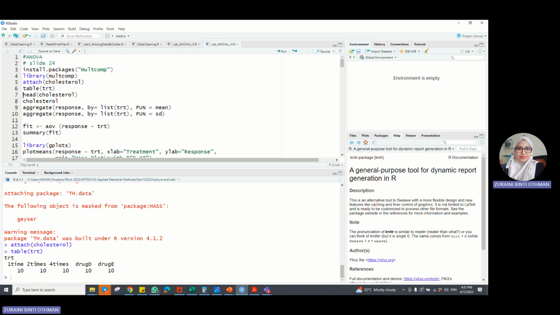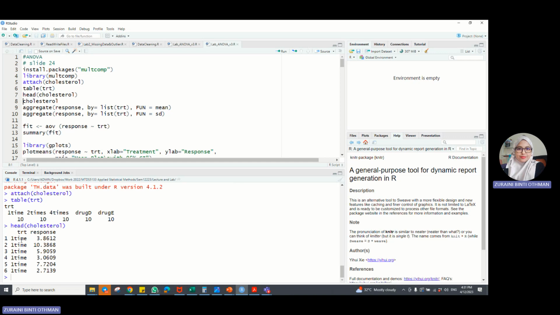Here, 10 for one time, 10 for two time, 10 for four time, and there is drug D and drug E. Here is the head of our cholesterol table. This is the treatment, TRT, and this is the response.